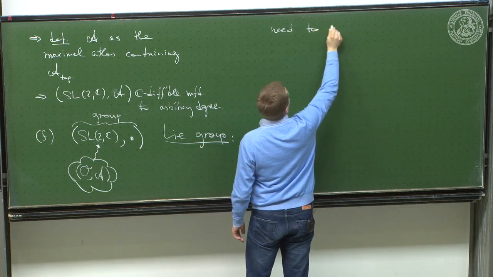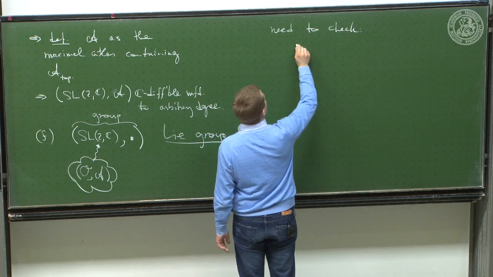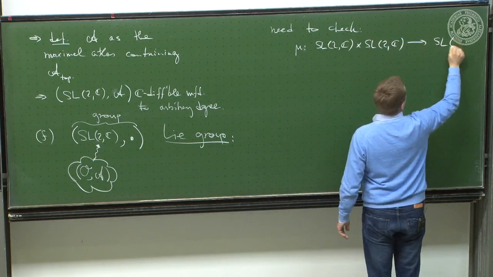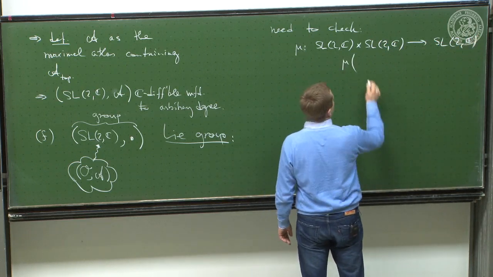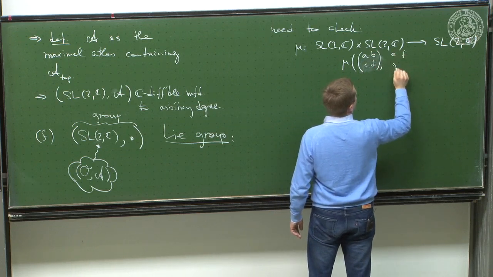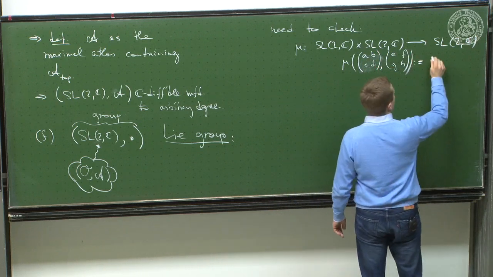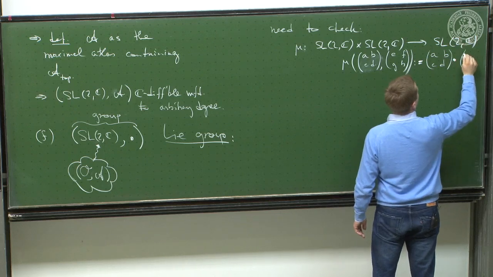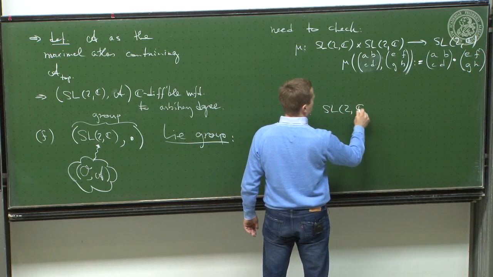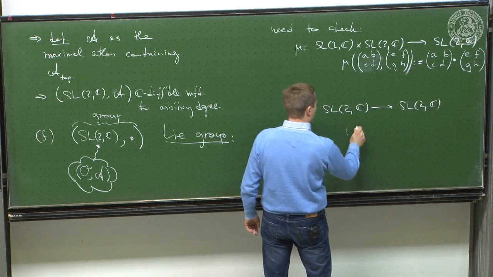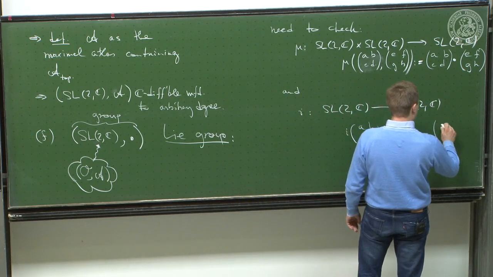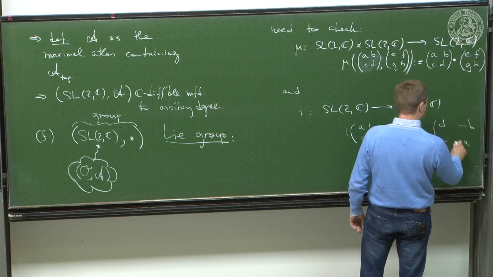We need to check whether the two maps are smooth: the map mu that takes two elements of SL2C into an element of SL2C by virtue of the group operation, and the map I that takes one element A, B, C, D to its inverse, that is, 1 over AD minus BC times D, minus B, minus C, A.